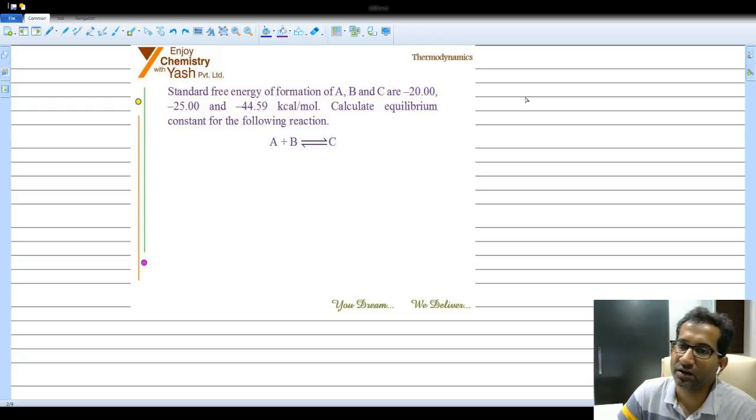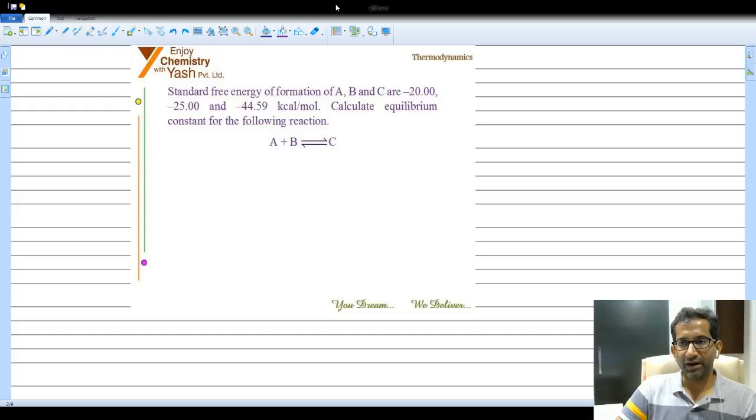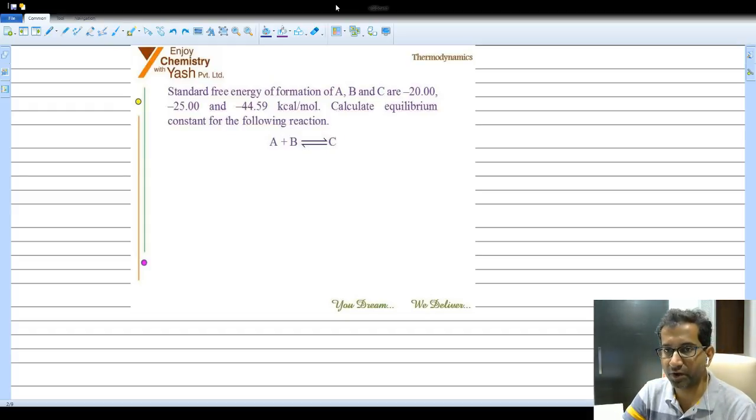The standard free energy of formation of A, B and C are minus 20.00, minus 25.00 and minus 44.59 kilocalorie per mole. Calculate the equilibrium constant for the reaction, that is A plus B reversibly C.